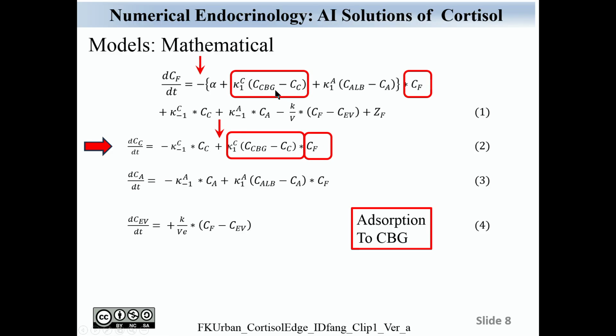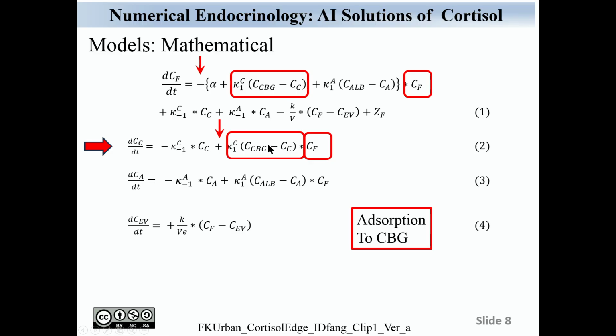And up here we have the opposite. So it's anything that adsorbs, it has to leave the free. So this first equation has to do with free, and so it's a minus sign. The minus is way over here and the plus is here.